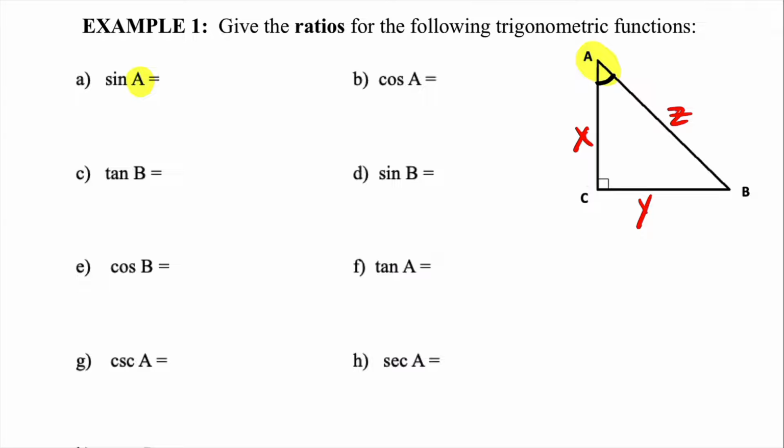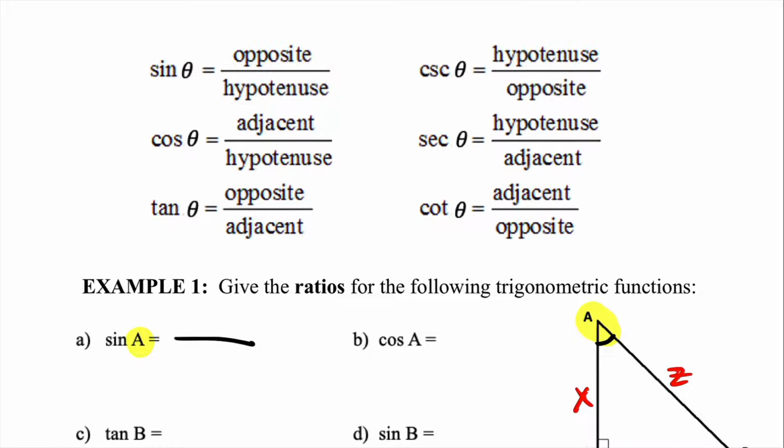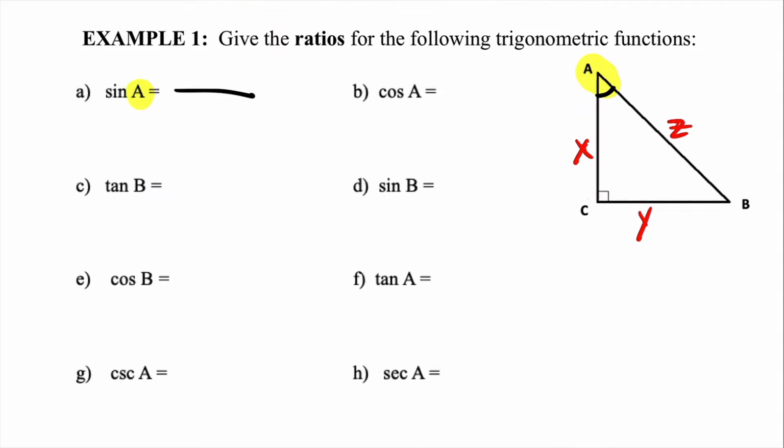From angle A, I know that sine is opposite over hypotenuse. So let me go back to angle A. If I'm at angle A up here, which side is opposite?